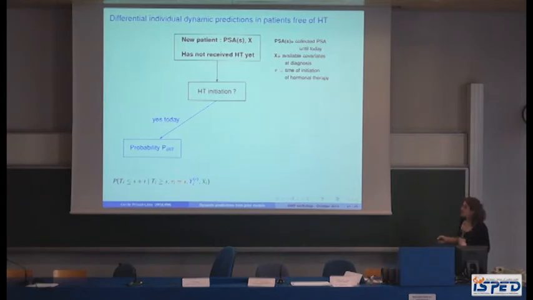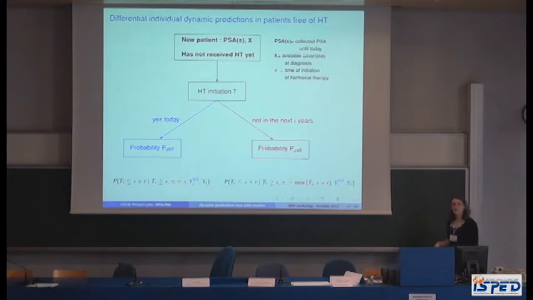It's just the same predicted probability as before, but now I assume that the time of hormonal therapy initiation is now, and I compute his probability of having clinical recurrence. And I can do the same, but assuming that he would not initiate any hormonal therapy in the next 2 years. In that case, my conditional probability is conditional on the fact that he will not initiate any hormonal therapy in the future.